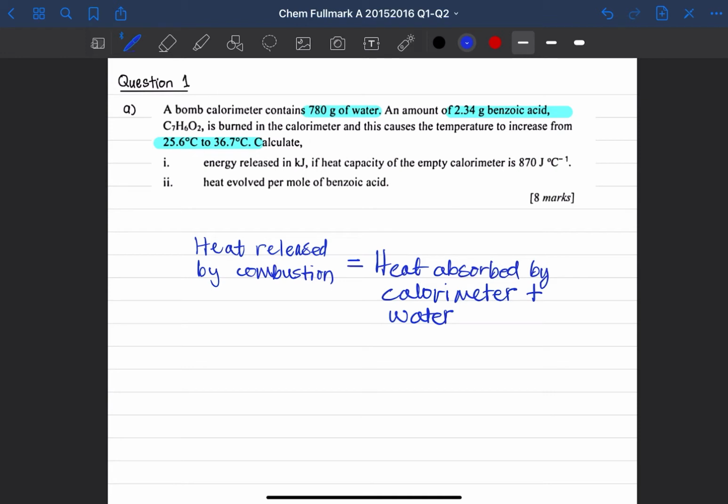So there are two components that absorb heat, calorimeter and water. We write Q release equal to Q calorimeter plus Q water.